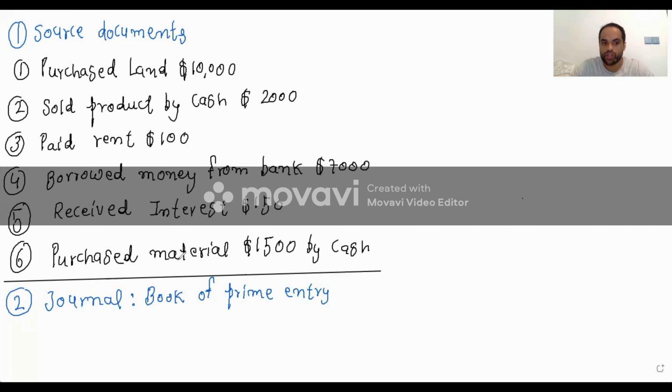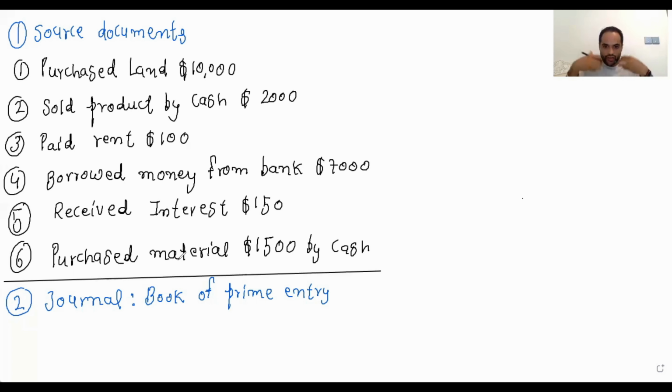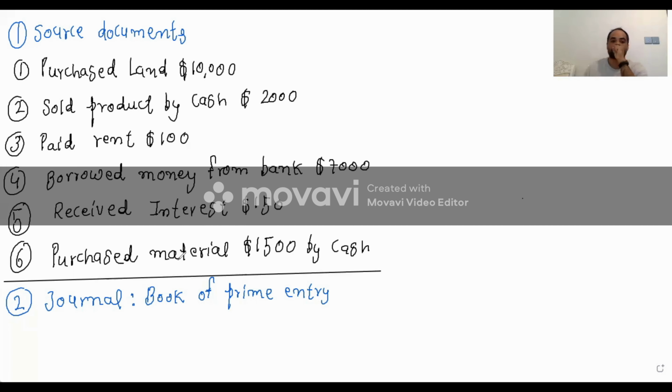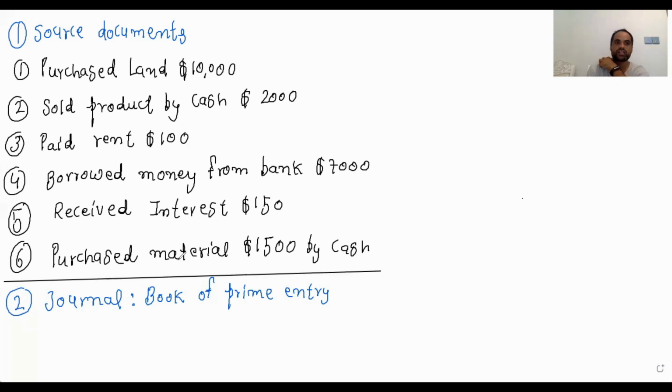All right. So journals teach us how to enter the information in the system, in the accounts, in the books, right? In order to understand journals, we have to follow some rules and regulations if we want to apply journals to enter all the source documents into accounts.